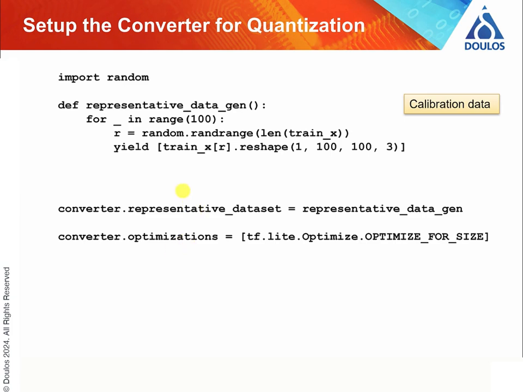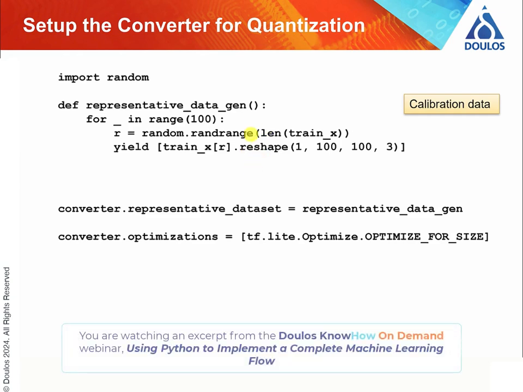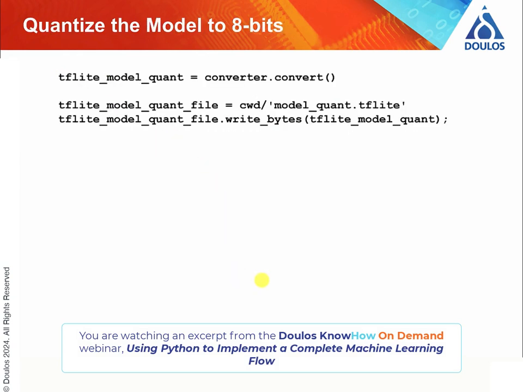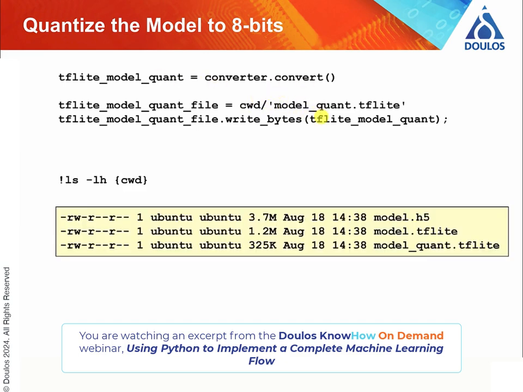So we're setting up our model for quantization, and quantization, it turns out, makes use of a calibration data set. So we've got a calibration data set here to pick out some random values from our test data set. Again, you can copy and paste this code for yourselves if you want to reproduce this example. Then we quantize the model for 8 bits.